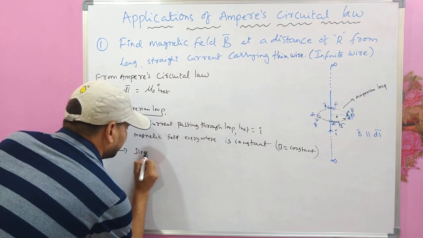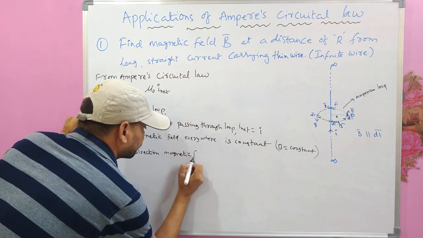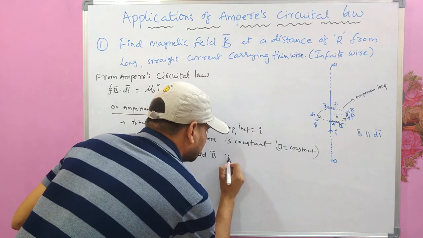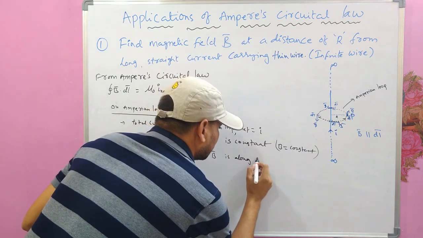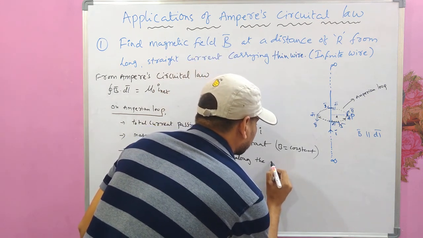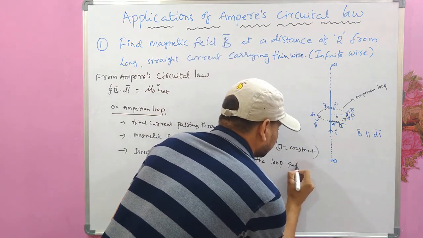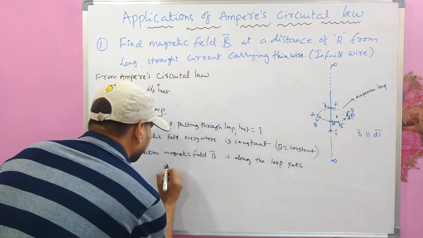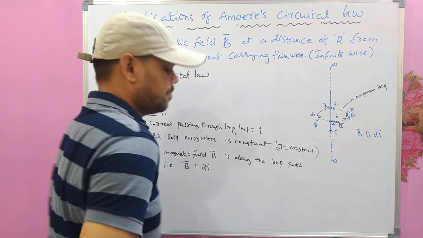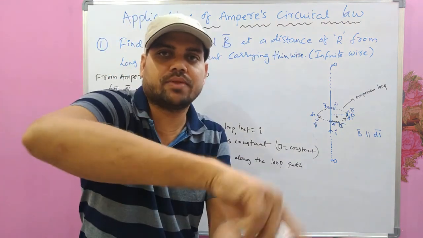The direction of the magnetic field is along the loop path, that is B is parallel to dl. The path of the loop is the direction of the magnetic field.